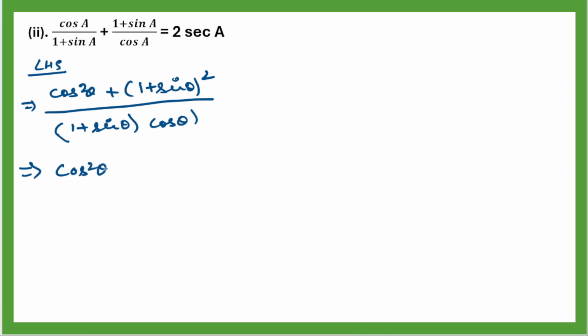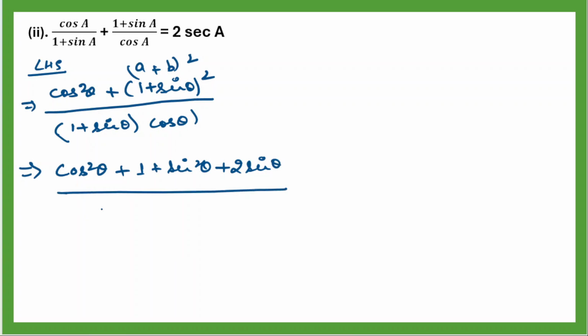So it is cos square theta plus, now we are going to open this bracket. This is (a plus b) whole square. So it will be 1 plus sin square theta plus 2 sin theta, divided by (1 plus sin theta) into cos theta. We know that cos square theta plus sin square theta is equal to 1.